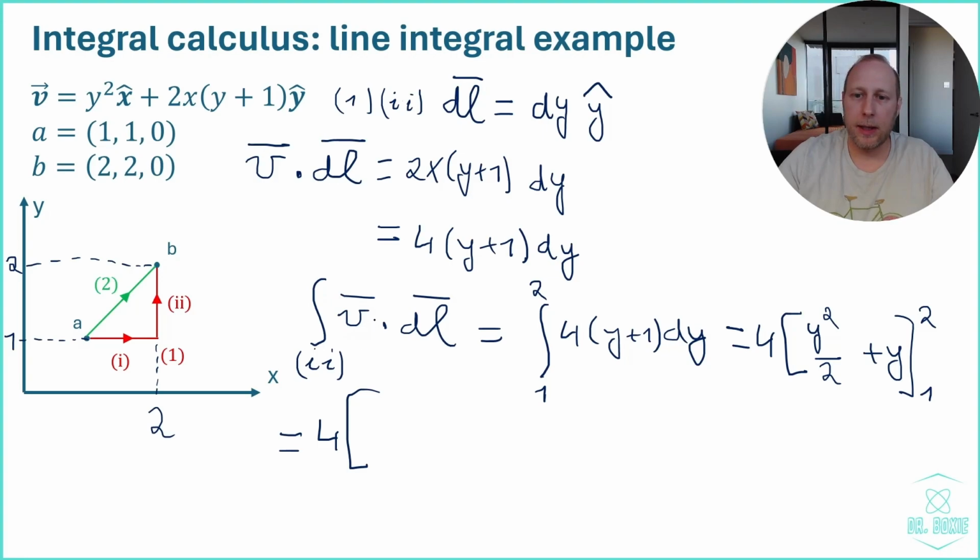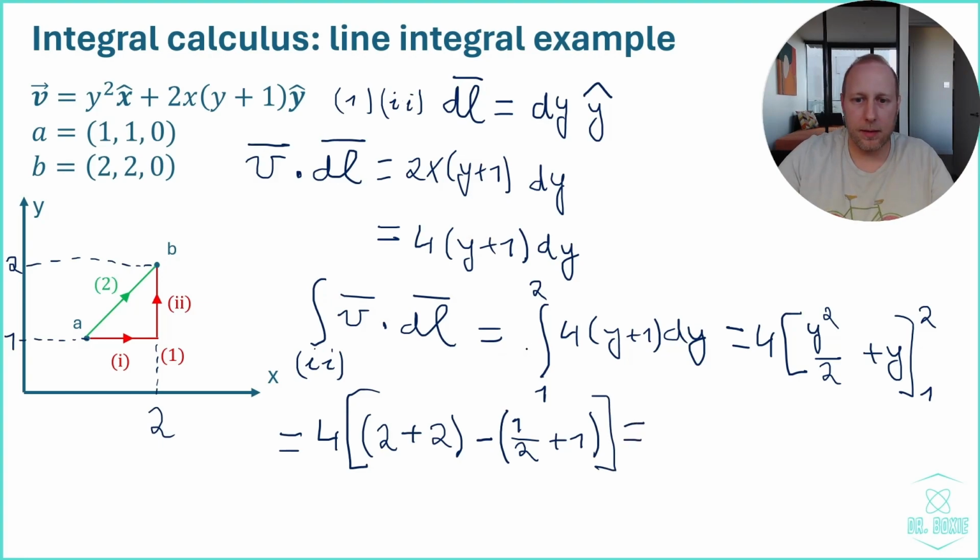at the front. And now if we evaluate everything at 2, we get 2 squared divided by 2, which is 2, plus 2, minus evaluating the same quantity at 1 gives us 1/2 plus 1.